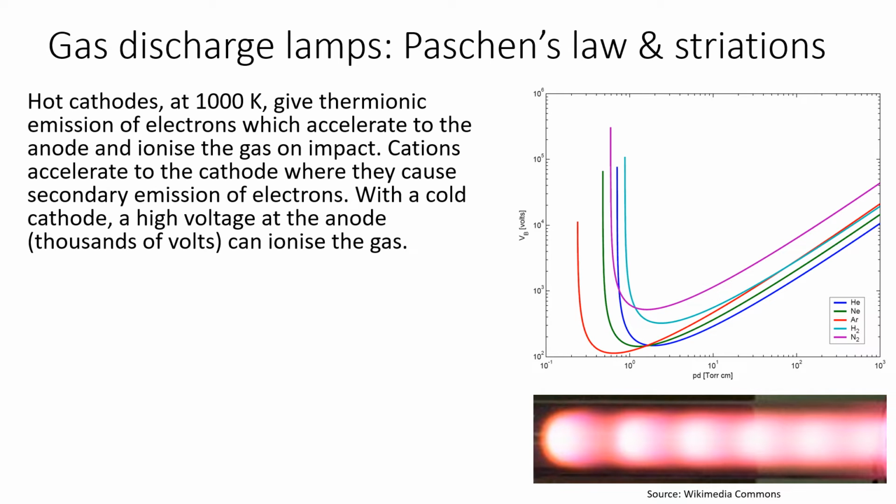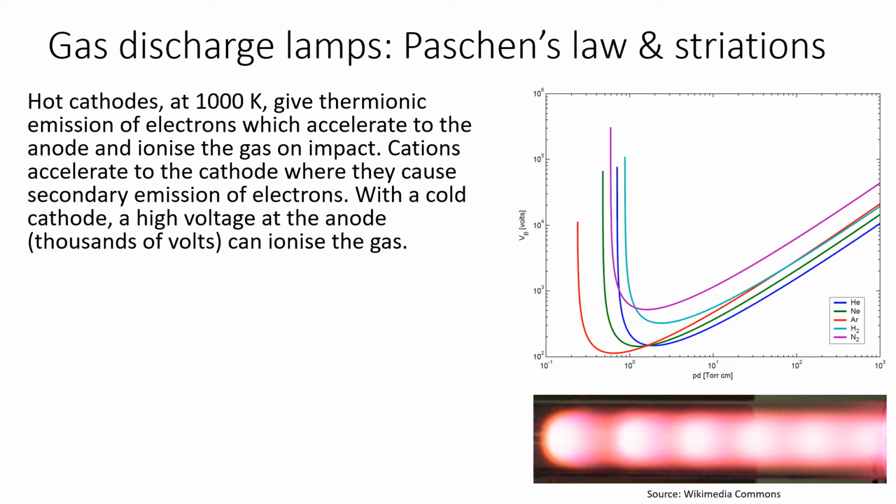And a few more details about the way these lamps can work. One mechanism of getting these currents started is heating the cathode. If the cathode is really hot, say heated to 1000 degrees, you can get this so-called thermionic emission of electrons, where the combination of the heat raising the energy of the electrons combined with a large potential difference between the cathode and the anode, eventually you can get a stream of electrons just coming off.